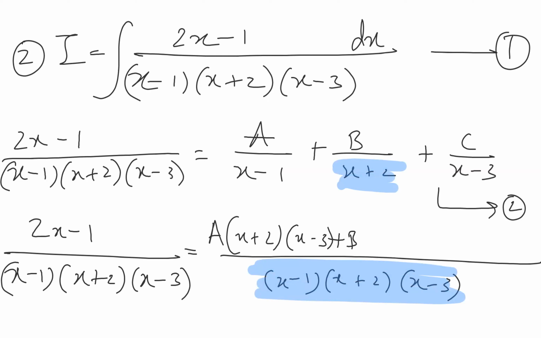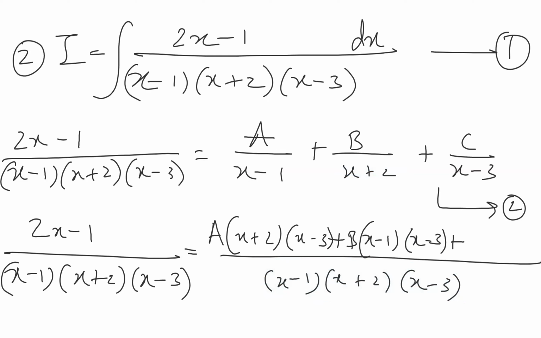You'll be left with x minus 1, x minus 3. So this is pure LCM which I'm doing. Plus C into the blue colored term divided by the red colored term. So x minus 3 will get cancelled. We'll be left with x minus 1 and x plus 2.